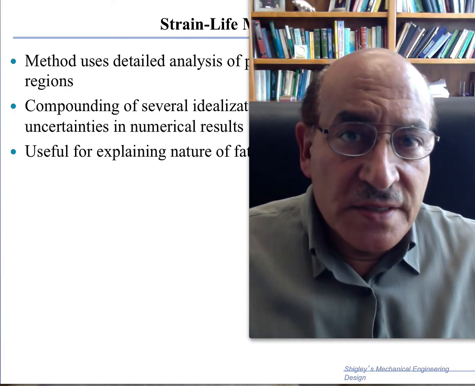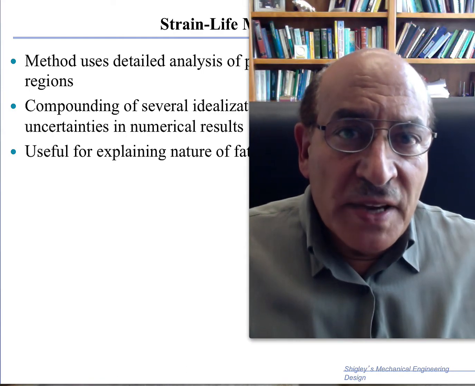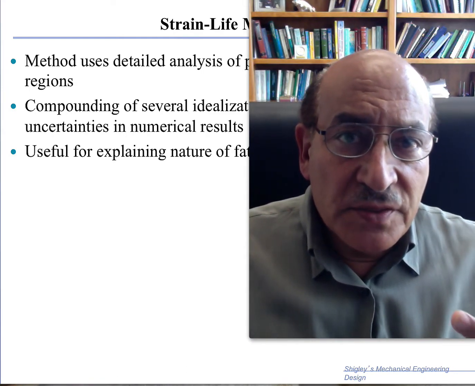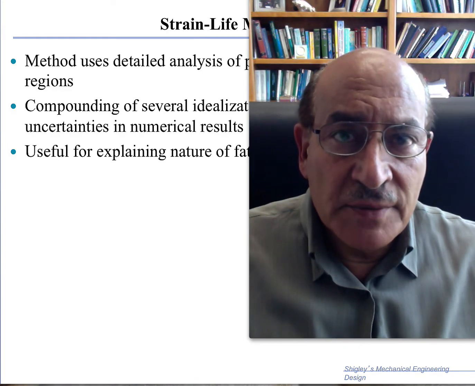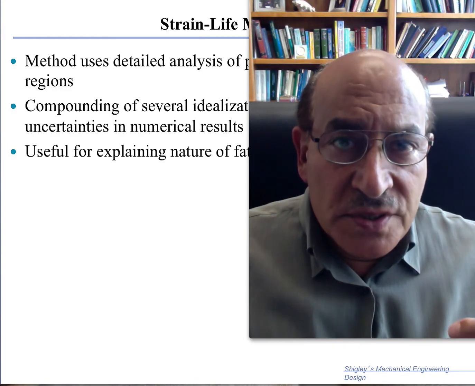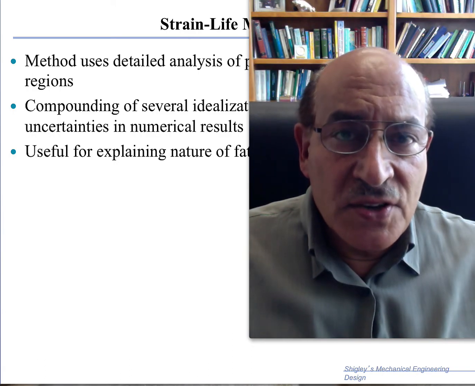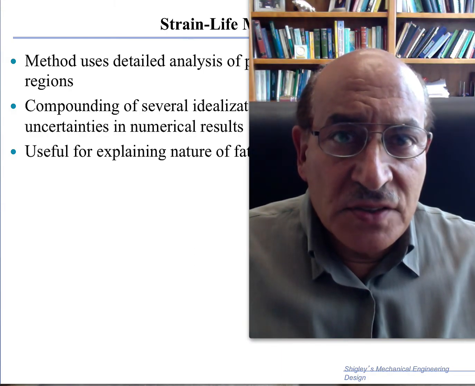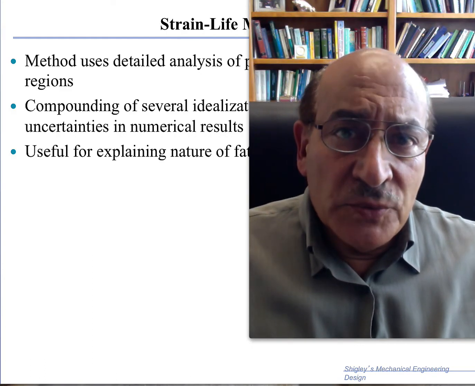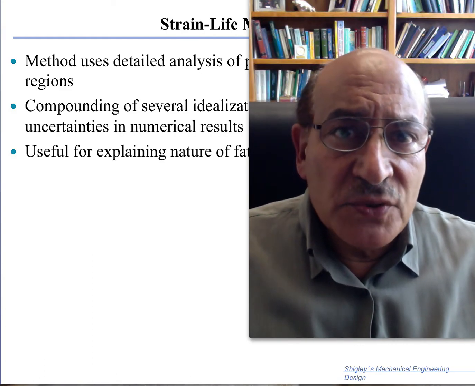In the previous introduction to fatigue, we mentioned that we have three different methods that are used for fatigue lifetime assessment. The most common is the stress life method, which is called the SN method in many applications, and it is the simplest, and we discussed some aspects of that before.